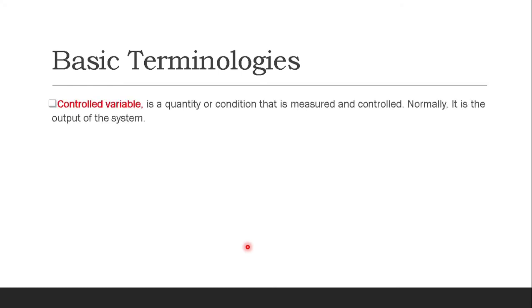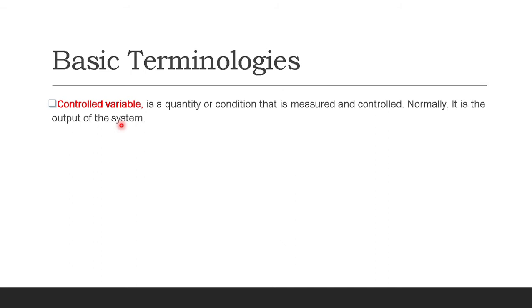First one is controlled variable. The definition says that it is the quantity or condition that is measured as well as controlled, and the manipulated variable is a different thing. But what is controlled variable? Normally we can say it is the output of the system. Now let us take an example to understand what is controlled variable.